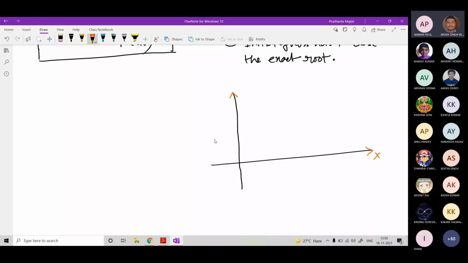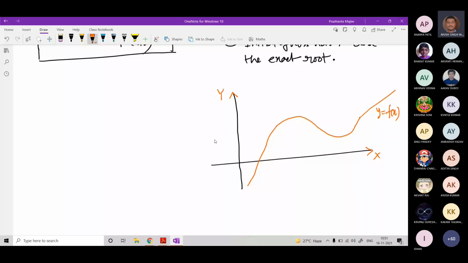You are asking the same question which I expect you to ask in every method. So suppose this is the typical graph, y equals f of x. Is it okay to you?